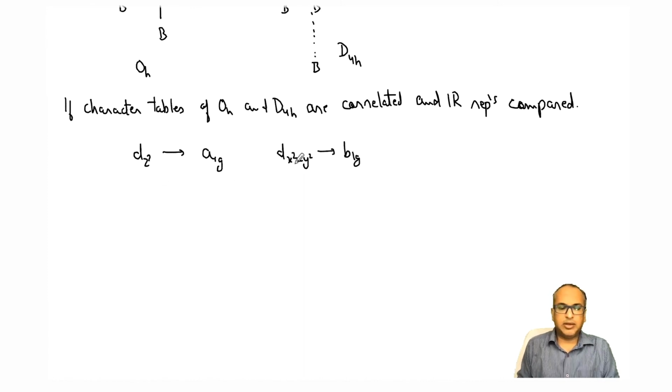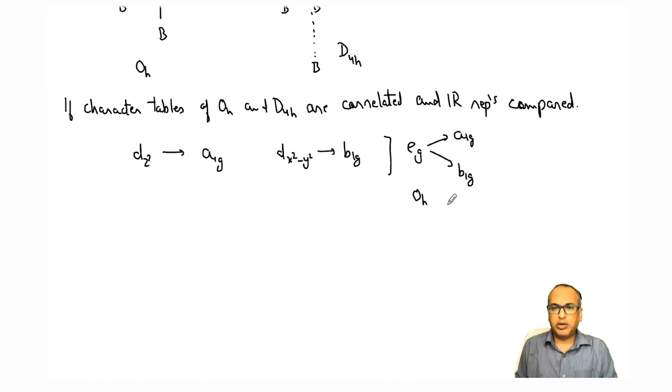That means this comes from the fact that my eg correlates to A1g and B1g. So when I go from octahedral to D4h, I go down in symmetry and there is a lifting of degeneracy of eg orbitals into A1g and B1g, and hence if I match the symmetry, dz square forms the basis for A1g representation and dx square minus y square forms the basis for B1g representation.